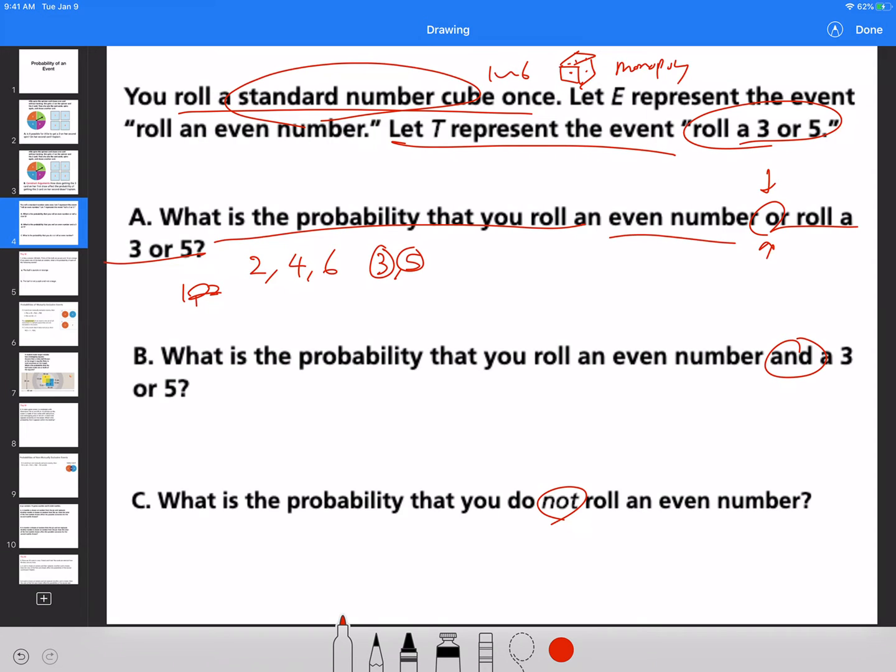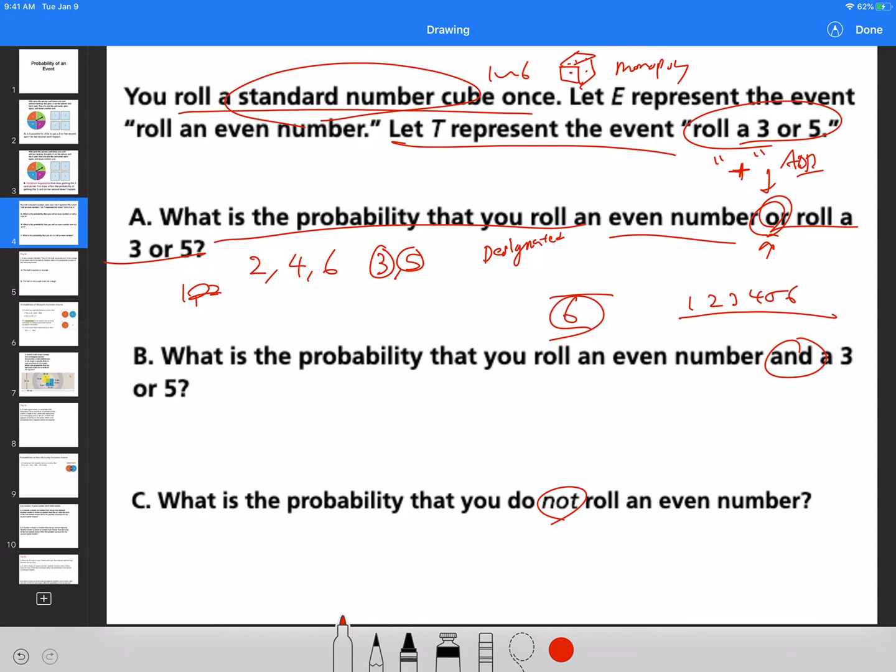Now, the total possible situation you're going to have is 6 because that's 1, 2, 3, 4, 5, 6 total possible outcomes. But out of these 6 possible outcomes, what is the designated event that you wish to have? Well, the probability you roll an even number or roll 3 or 5 means, for "or", I would like you to simply think about adding them together.